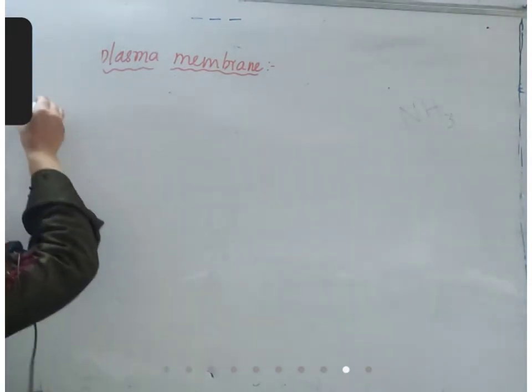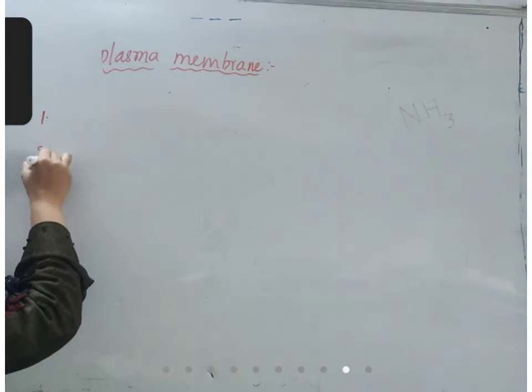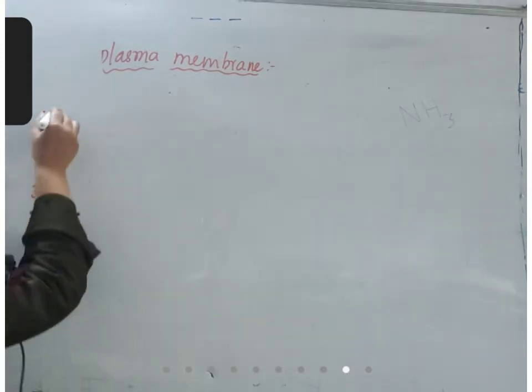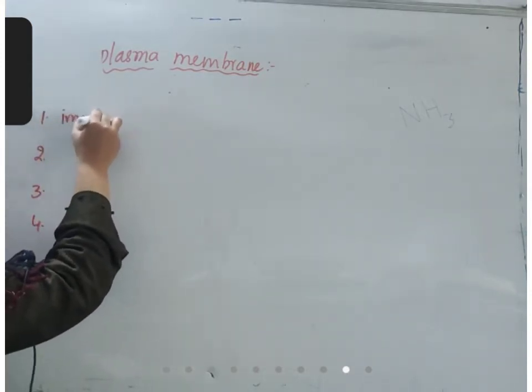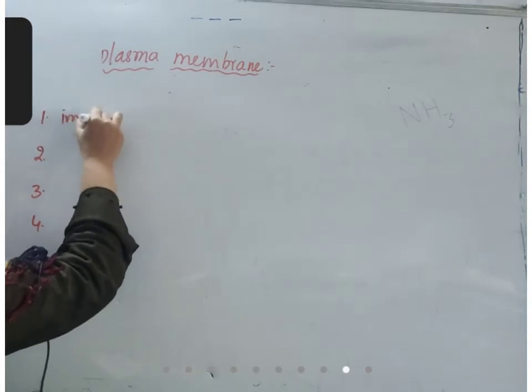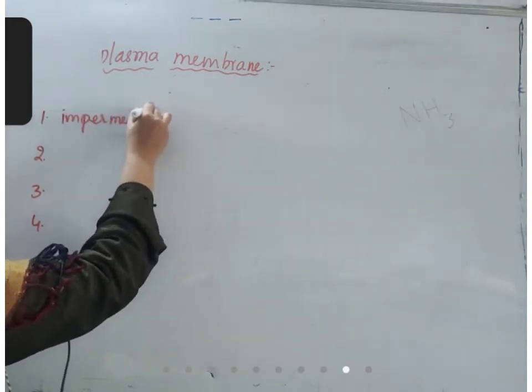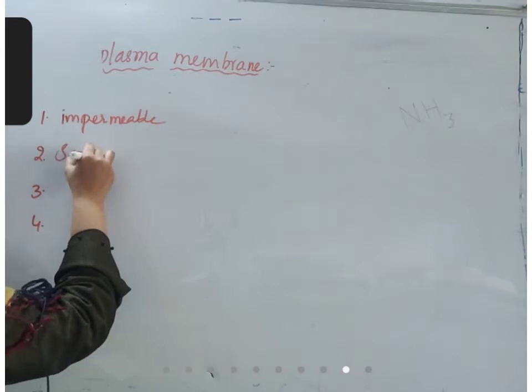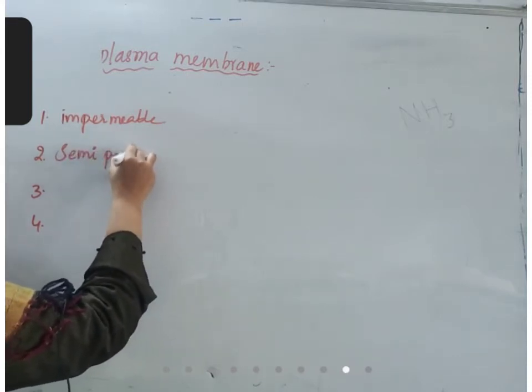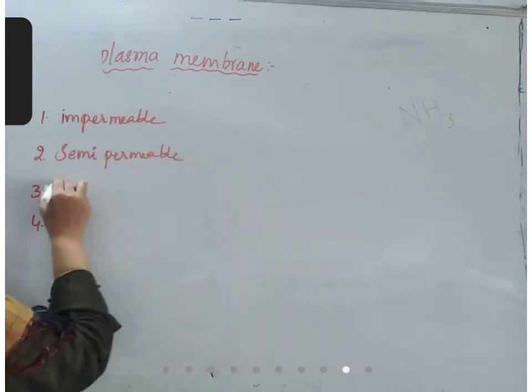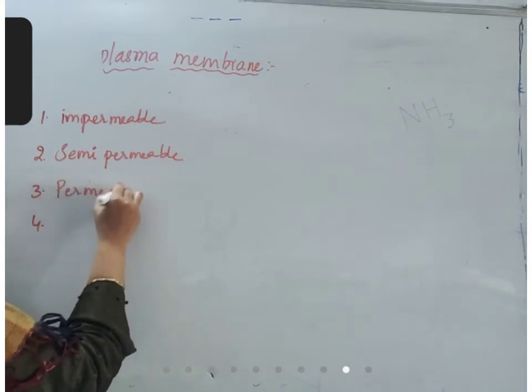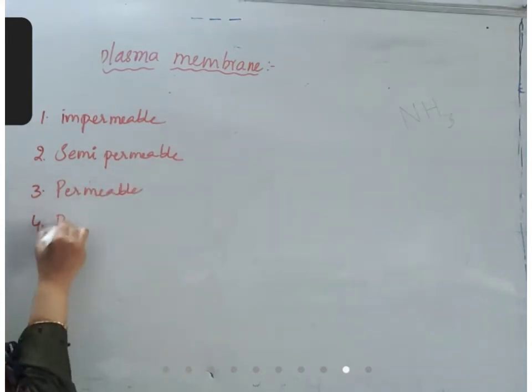Next topic is types of membranes. Plasma membrane is selectively permeable, but there are other types of membranes also: impermeable membrane, semi-permeable membrane, permeable membrane, partially permeable membrane.